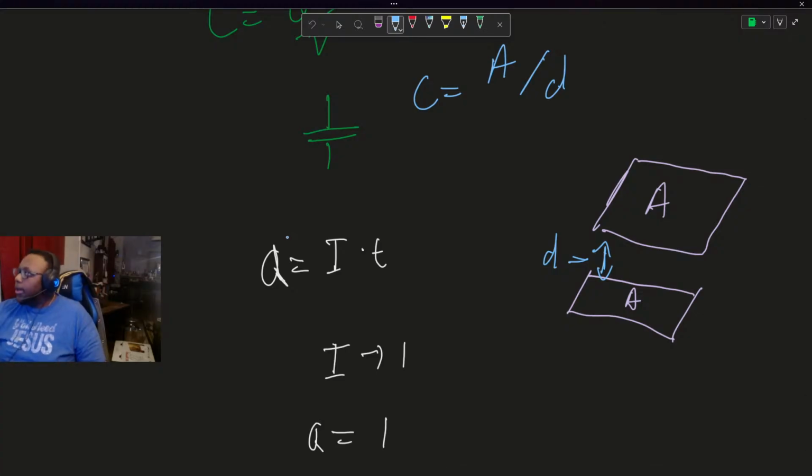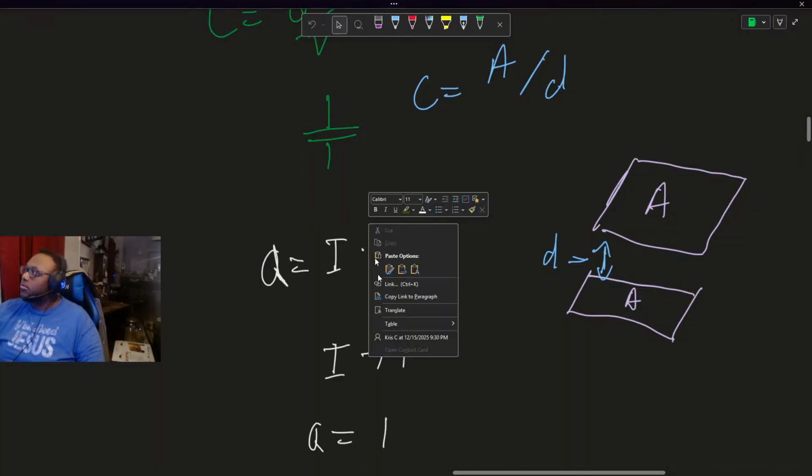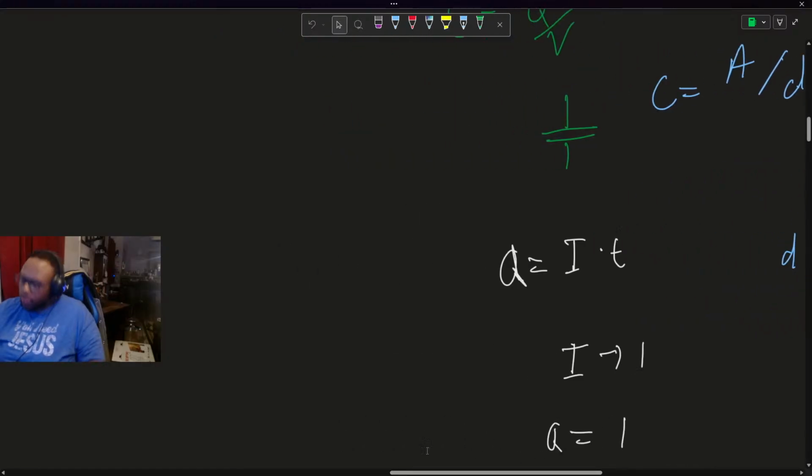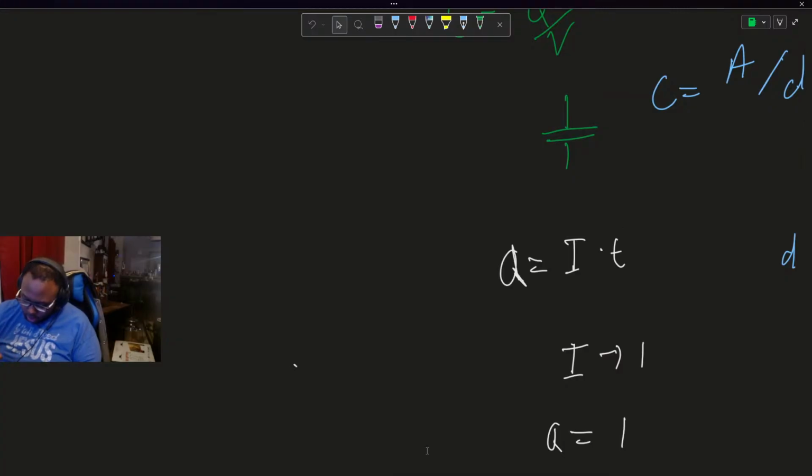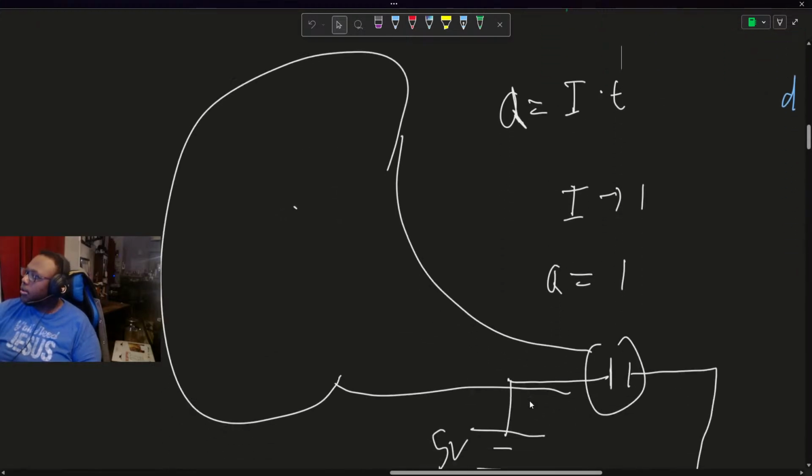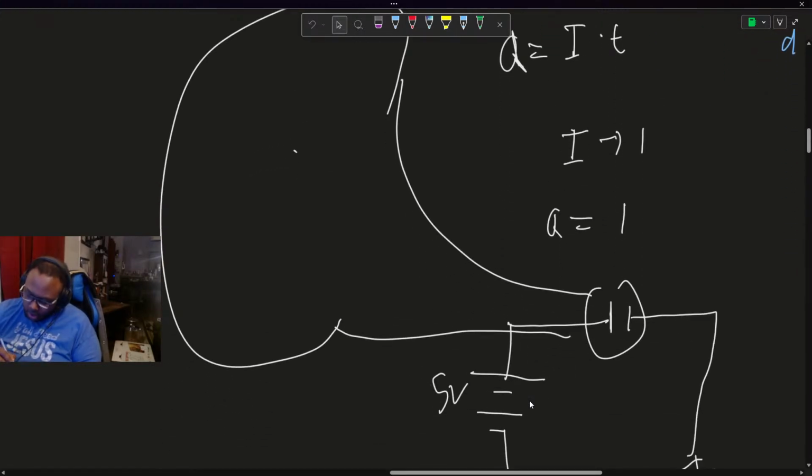And the way a capacitor works, just in general, is that we're gonna blow this up so you can see what's going on. You have on one side your, I believe, anode.